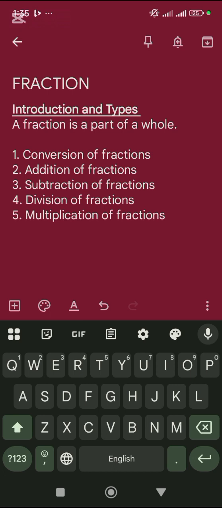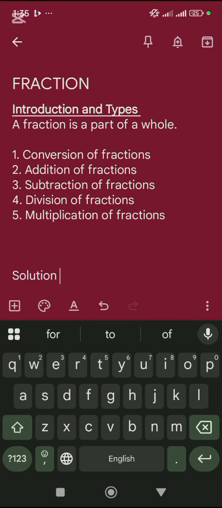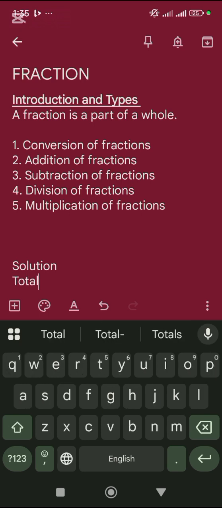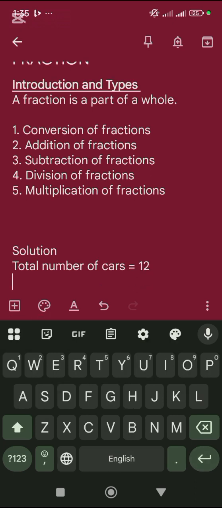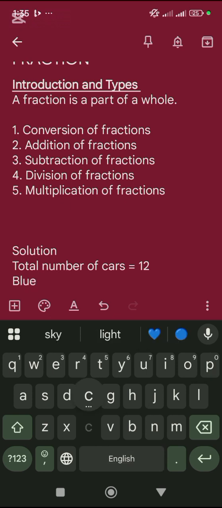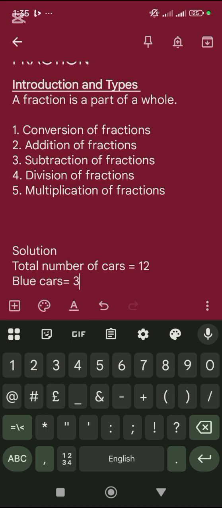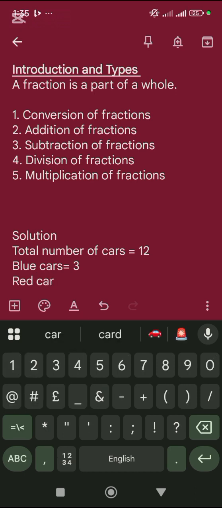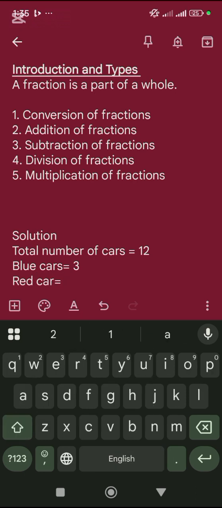And so, look at this. We're going to have the solution. The total number of cars in the equation I've just read to you equals 12. Blue cars equals 3. And since it was mentioned that there are red cars, we just need to use our sense. If we take out 3 from 12, we'll have 9.